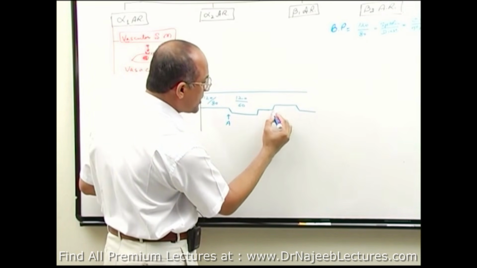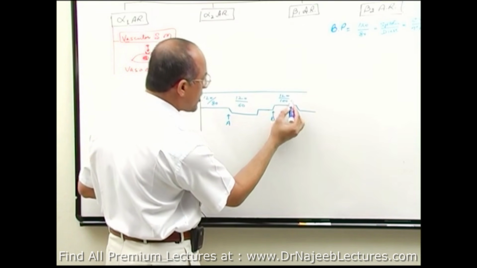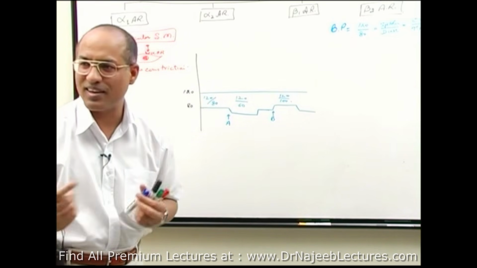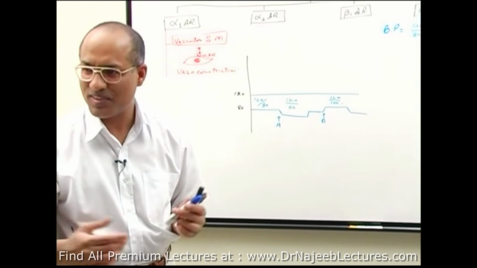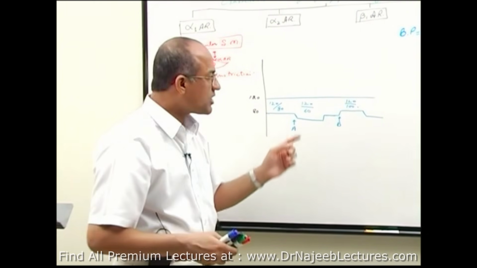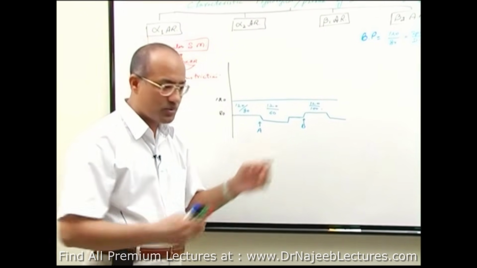His blood pressure after drug B is 120 by 100. Yes. What is this drug doing? Arterioconstriction. Is that right? So you see, the drugs which are arteriolodilators bring the diastolic blood pressure down, right?